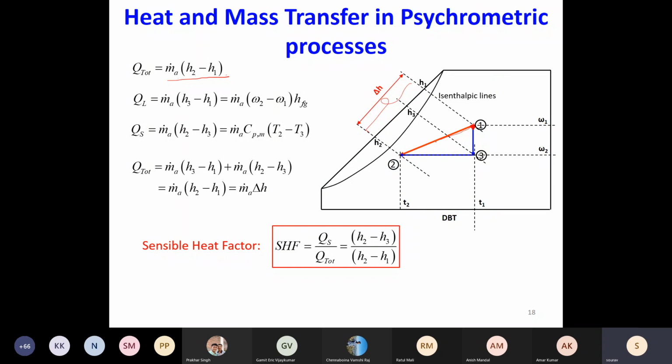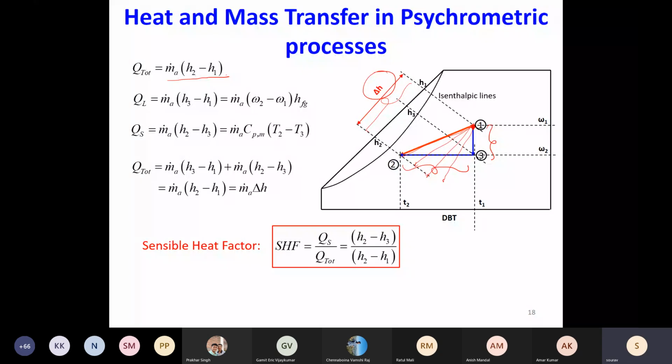As I told you, once you know H2, you can draw multiple lines starting from your initial state point. So what fixes this slope is, the amount of total heat transfer is this, what fraction of it is latent or what fraction of it is sensible. One of them needs to be known along with the total heat transfer.